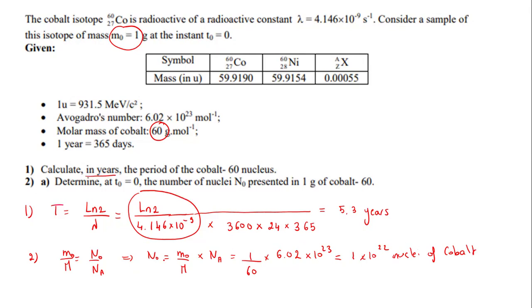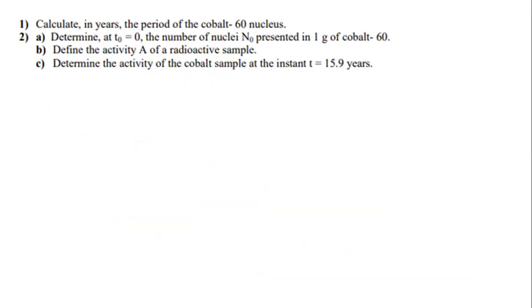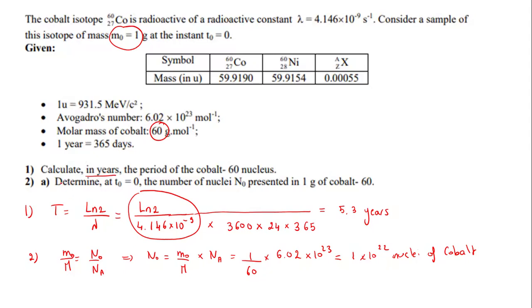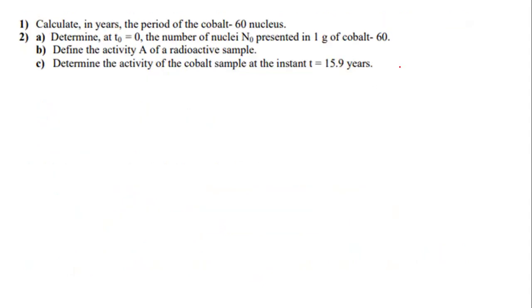With time, some of this number will certainly disintegrate, so this number will decrease. Now, in part 2b, define the activity A of the radioactive sample.